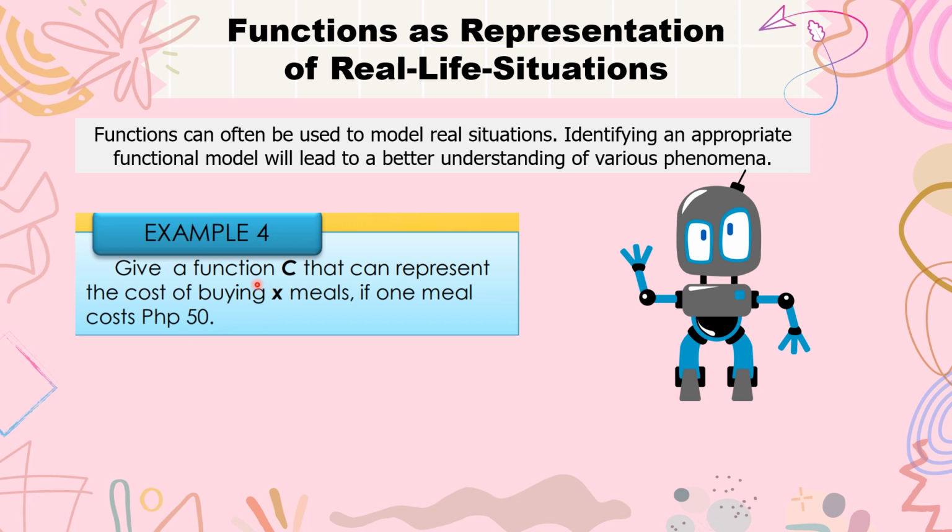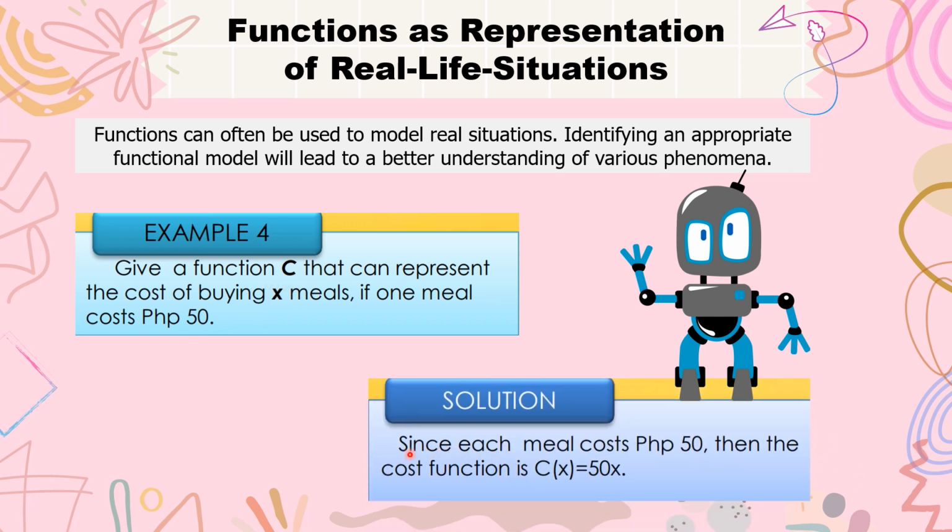So we are going to use C as the function. So since each meal costs 50 pesos, then the cost function is C of X equals 50X, or 50 times X, where C now is our function and X now is the number of meals that you are going to buy. So 50 times X.